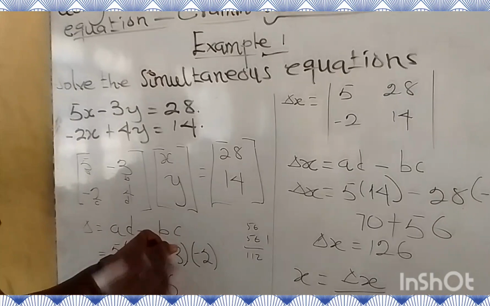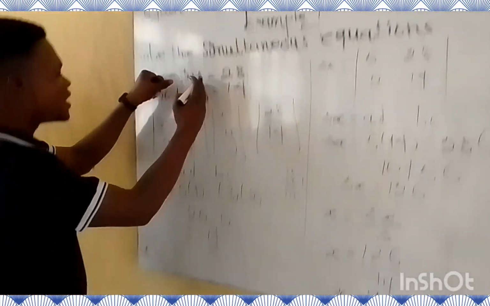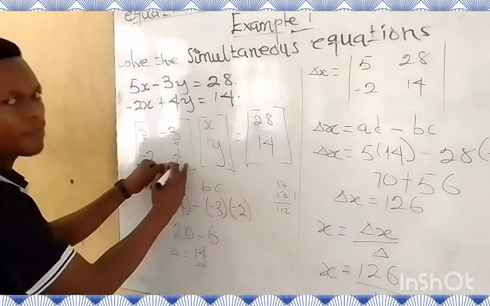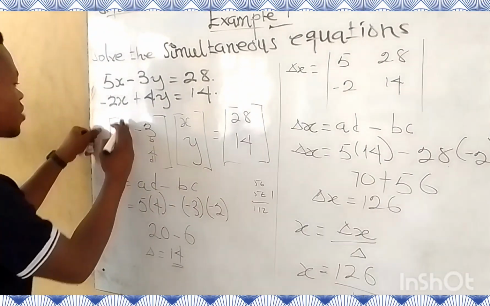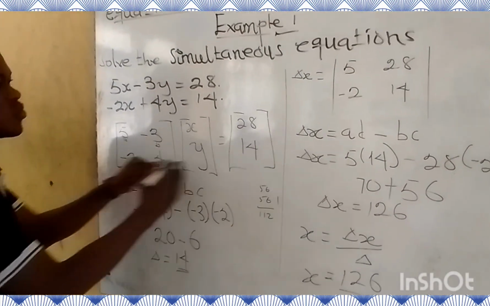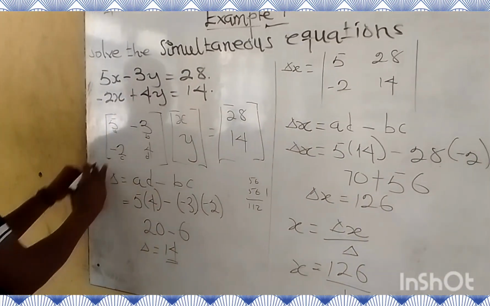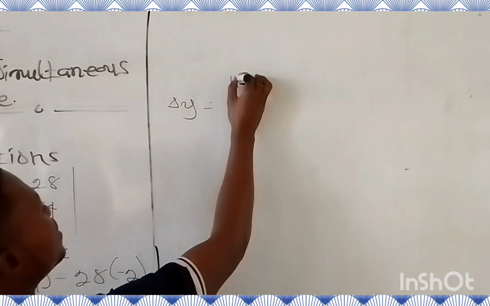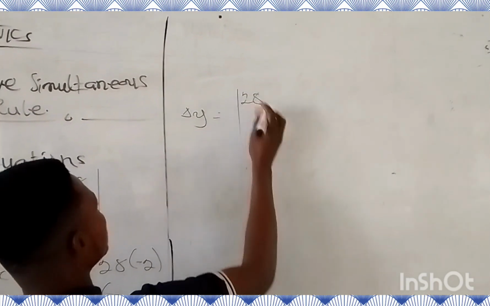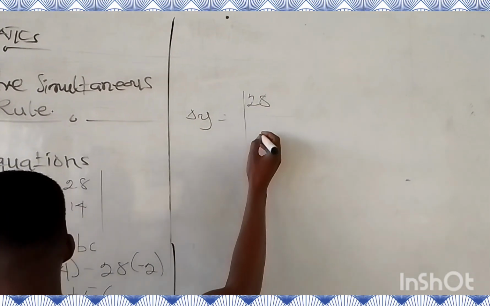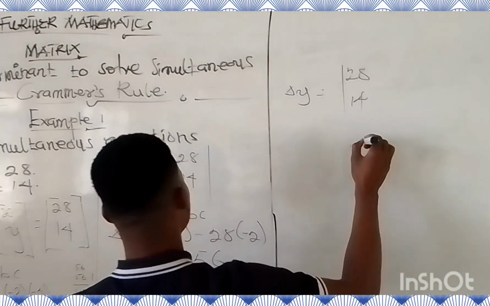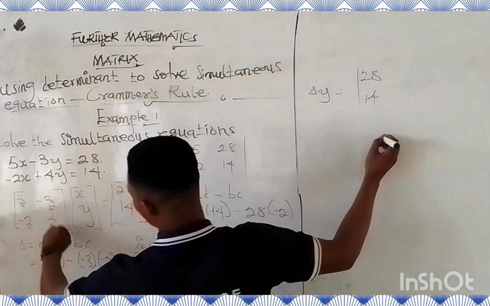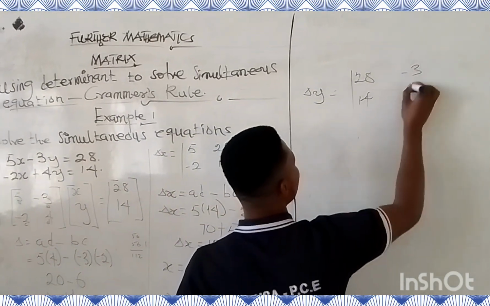So when finding the determinant of y, we maintain the coefficients of y, which are negative 3 and 4, and substitute the coefficients of x, which are 5 and negative 2, with the constant terms 28 and 14.